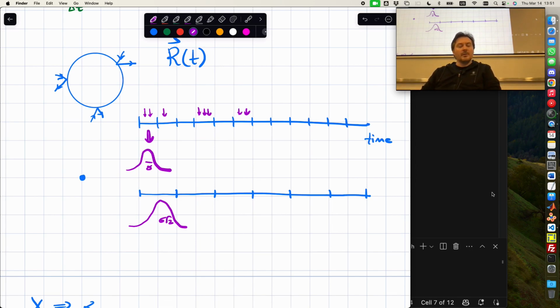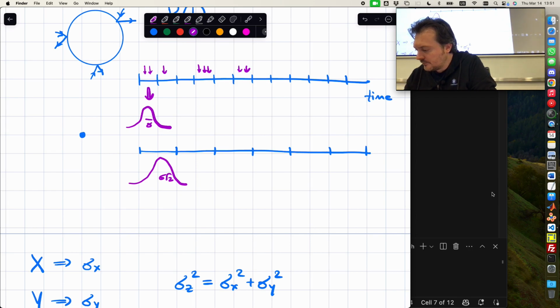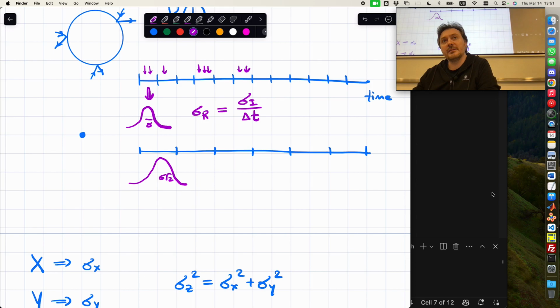Yes? Now, what was force? The sigma of the force was the sigma of the impulse divided by delta t, right?